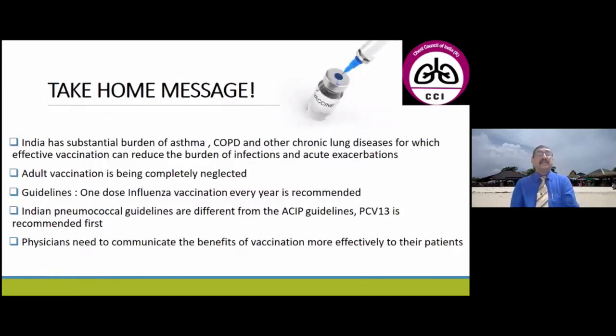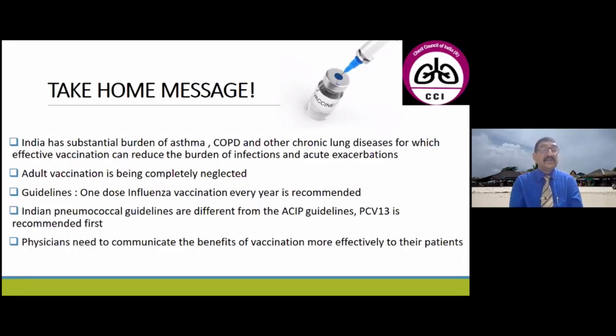So what are the take-home messages? If I summarize what I have talked about so far, India has a substantial burden of asthma, COPD, and other chronic lung diseases, for which effective vaccination can reduce the burden of infections and acute exacerbations. Adult vaccination is completely neglected. It is a neglected area.